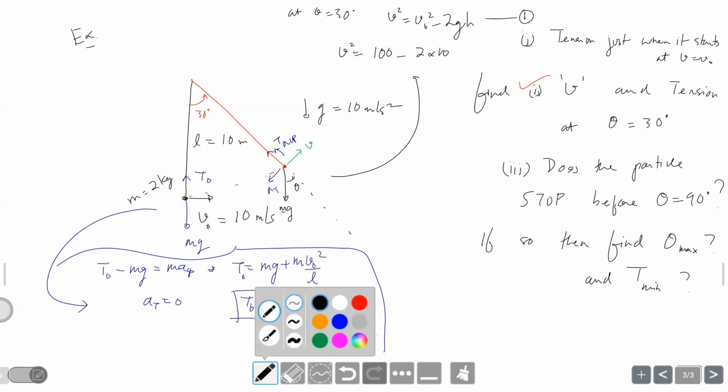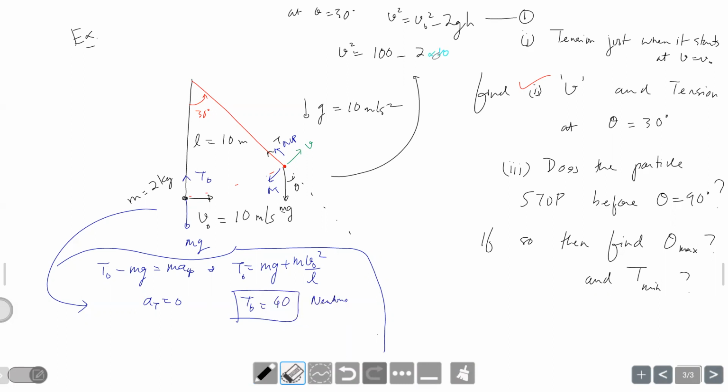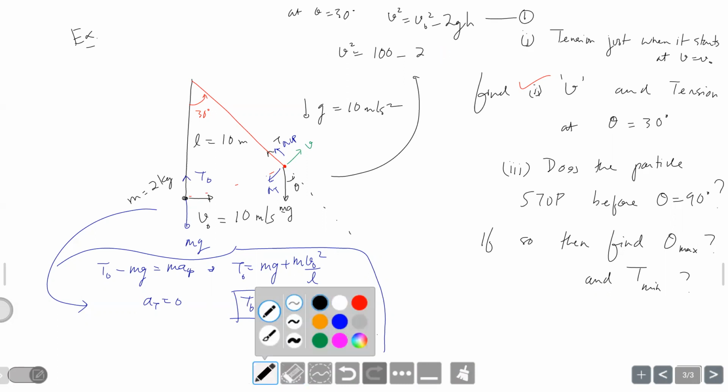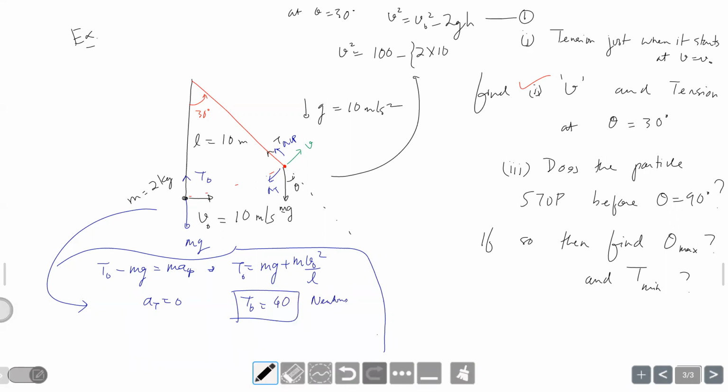Now what will be my missing h? H over here, let's calculate that. L(1 minus cos theta). Cos 30 is root 3 by 2.